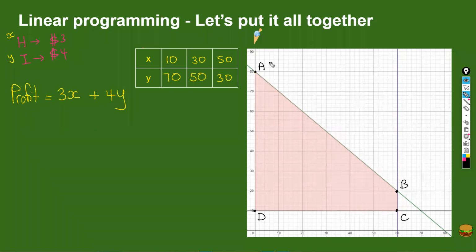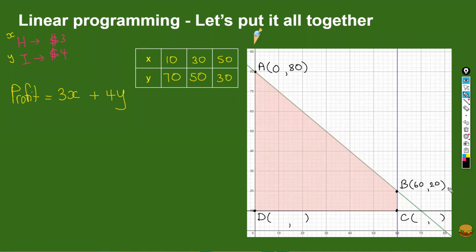Do you all think you can get the coordinates of point A, point B, point C, and of course, point D? Make sure you put the X and then the Y. Let's compare the answers. I'm getting (0, 80) here, putting the X and then the Y. Point B looking like (60, 20).